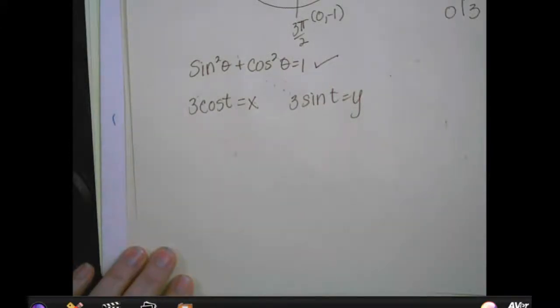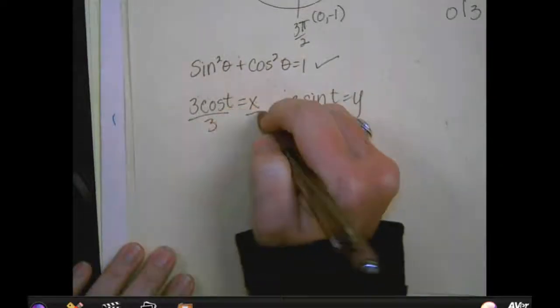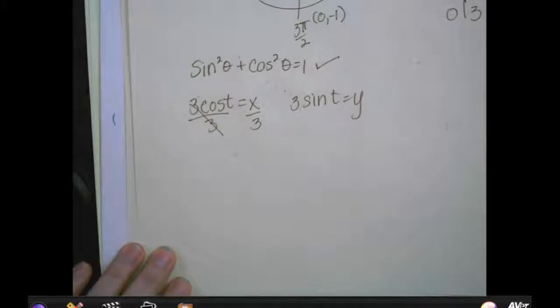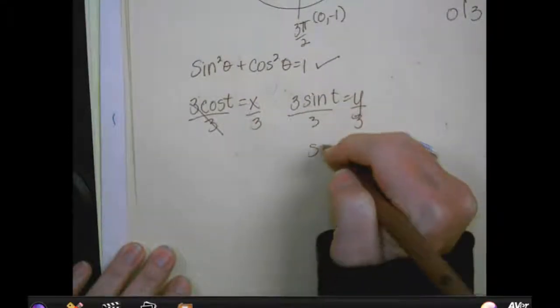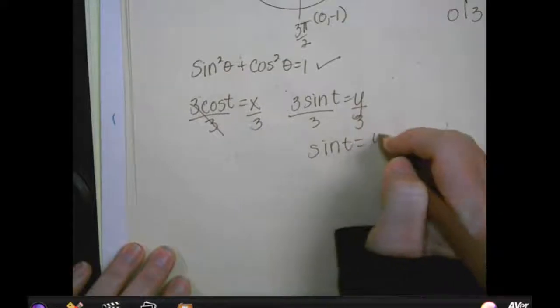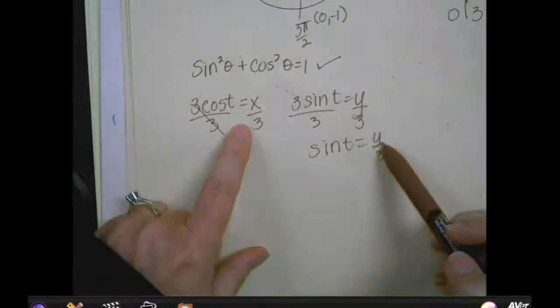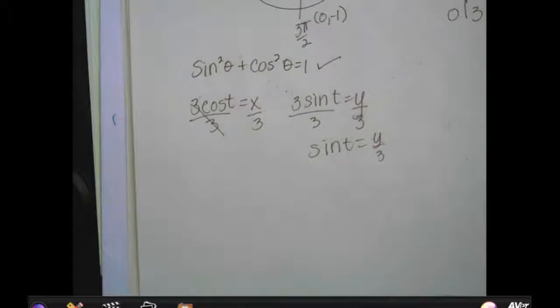How would I do that? Divide by 3. So then can I just plug these in here? And now I have x and y? And now it's a rectangular equation? Yeah. Well, the t and the theta are all the same thing.